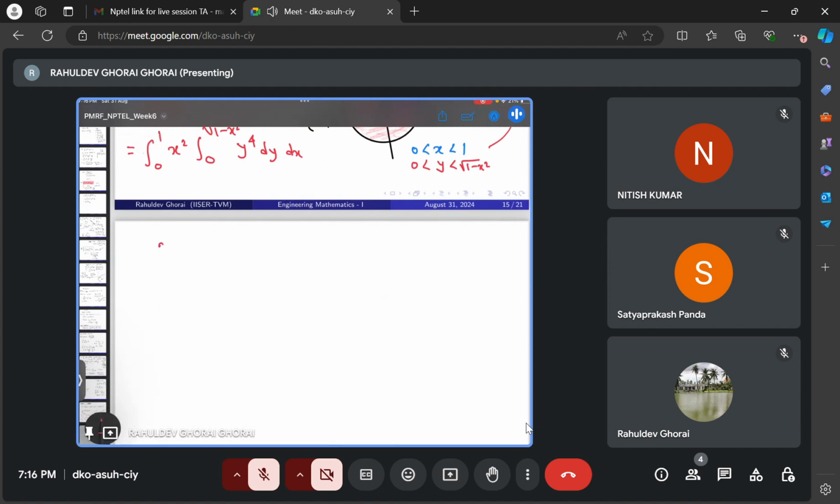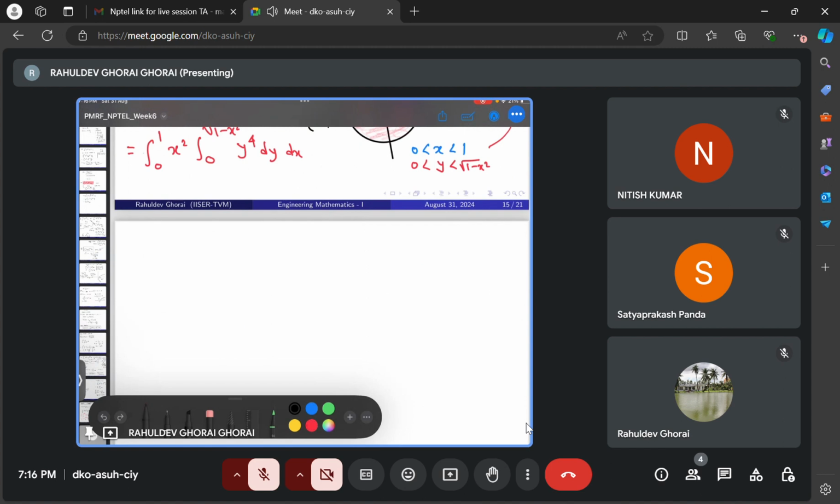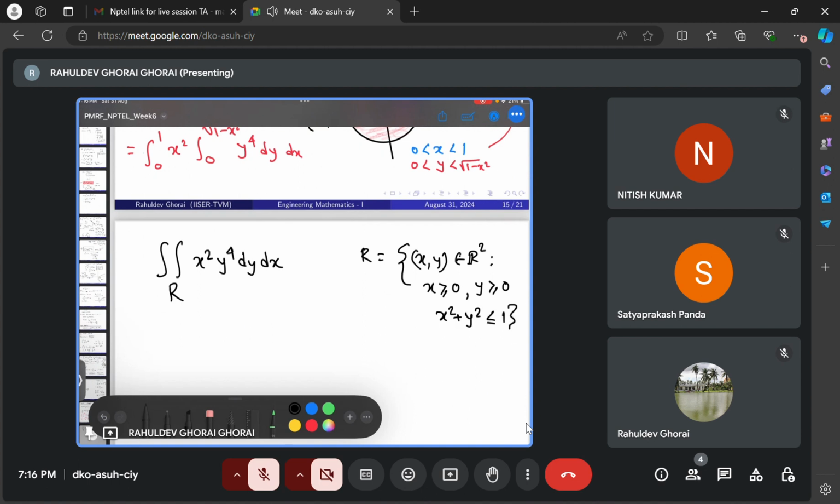Your question is this: over a region R, find the integration of x to the power 2 y to the power 4 dy dx. The region is given by (x, y) belonging to R2 such that x is greater than or equal to 0, y is greater than or equal to 0, and x square plus y square is less than or equal to 1.